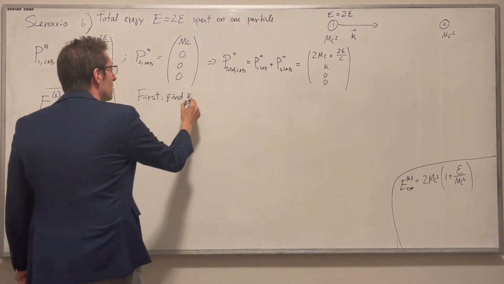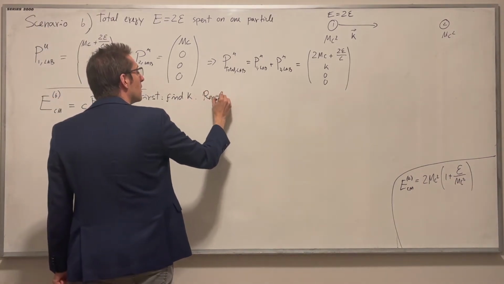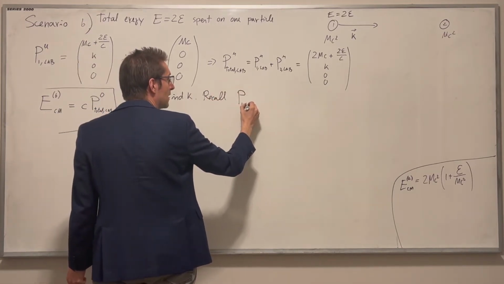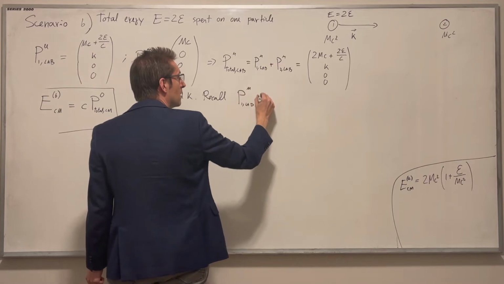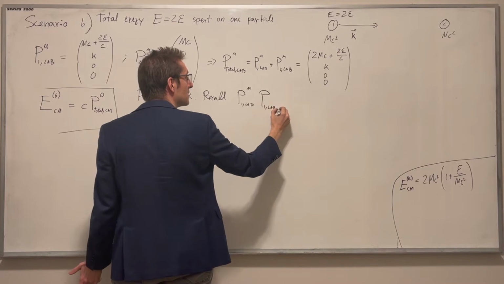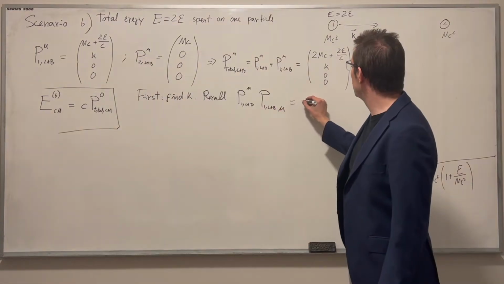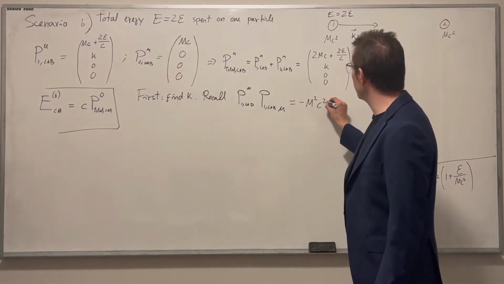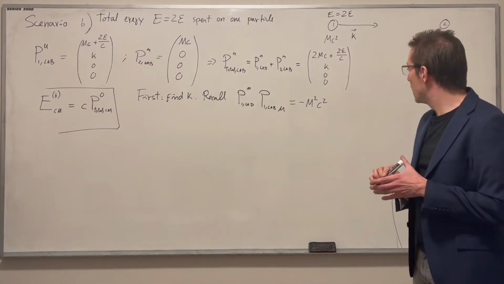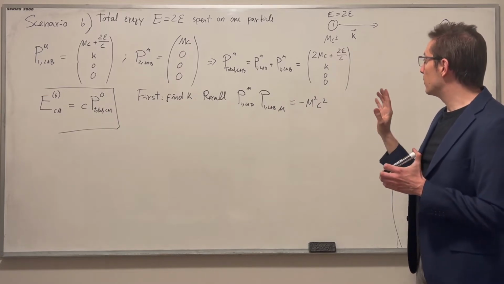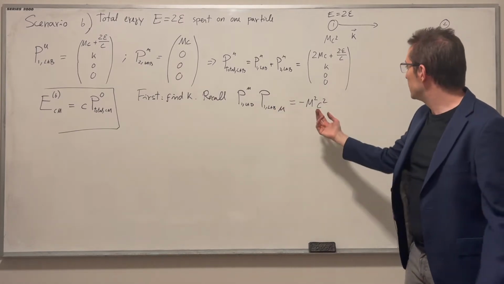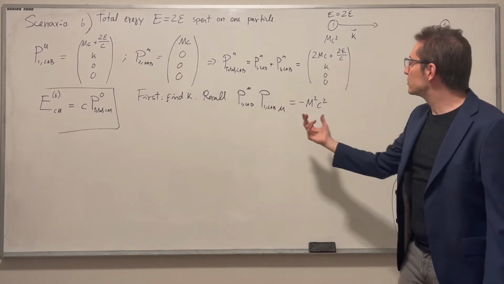How? Well, recall that the four-momentum of particle 1 in the lab frame, contracted with itself, so the norm of the four-momentum, as we saw in class, is equal to minus m squared c squared. And we know that from the previous video. This is true for any four-momentum of any particle. But we can also compute the left-hand side in the lab frame.